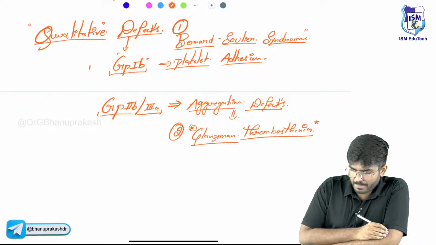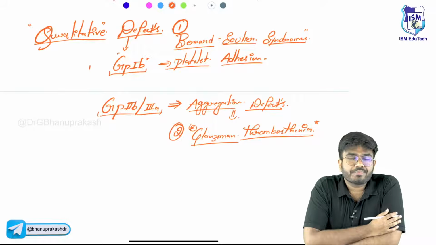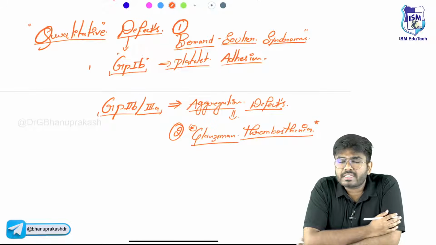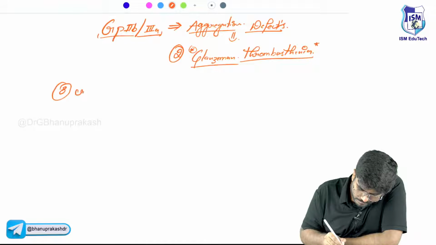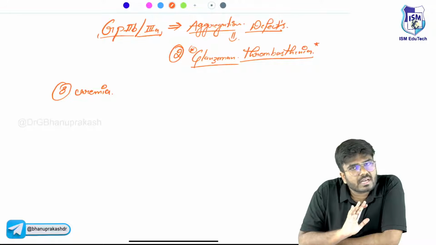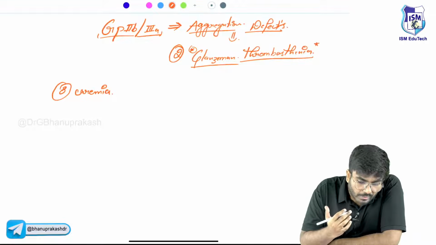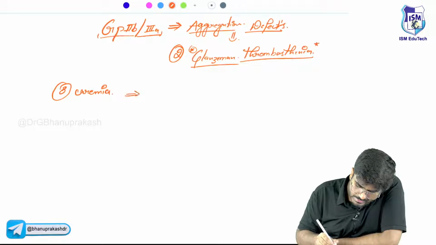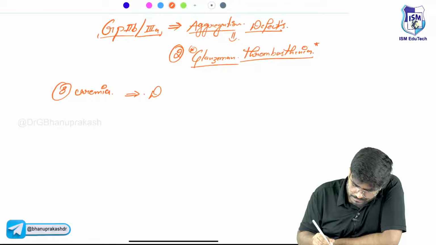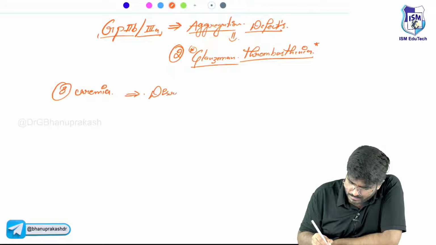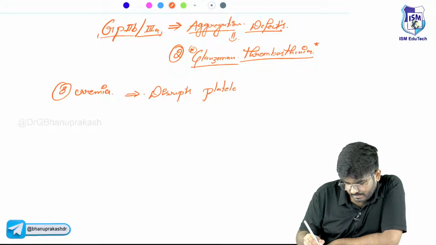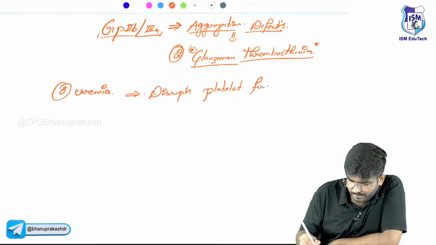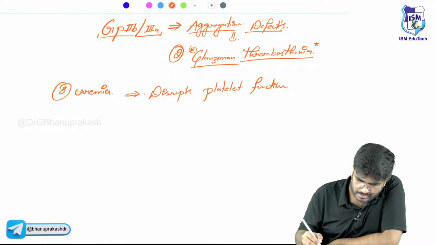Apart from this, certain other conditions like uremia, for example, kidney failure. Now the patient is having uremia. The platelet count is okay, sir. The platelets are absolutely all right. But in these uremic conditions, they disrupt platelet function.